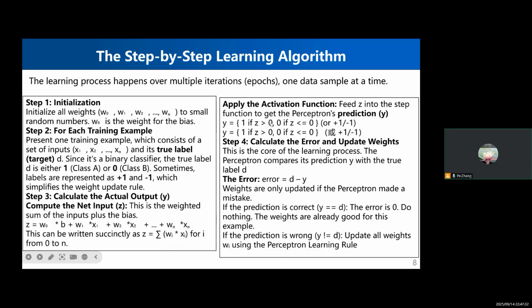So if Z is above 0, then the output is equal to 1. But if Z is less than or equal to 0, then Y is equal to 0.